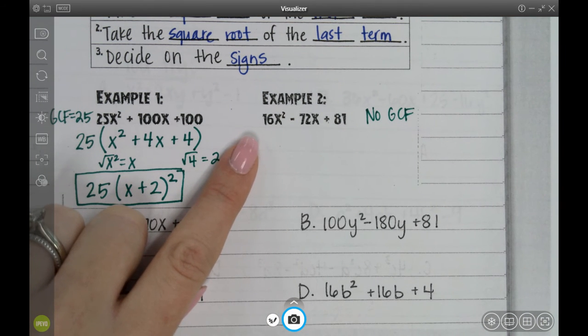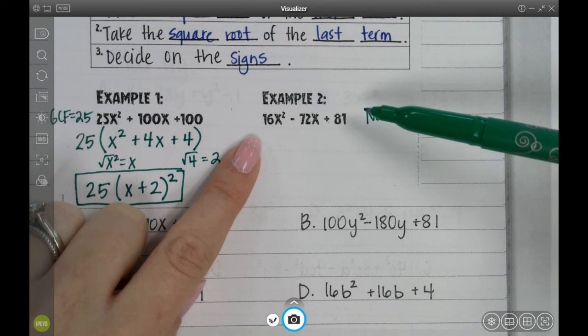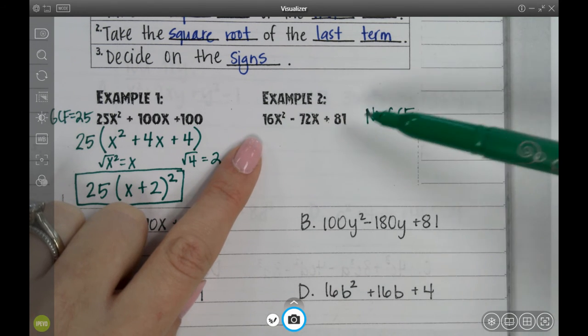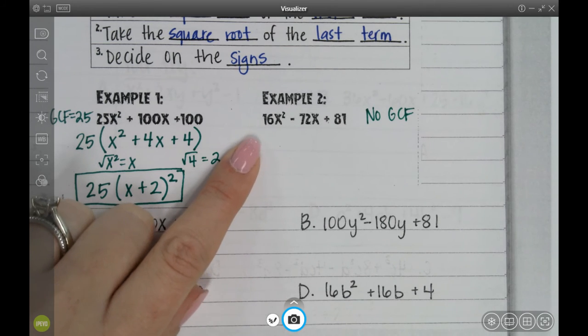Okay, if I was one of those fans of AC method and I had to multiply 16 times 81 to try to find factors, I think that would be very fun. No. So knowing my perfect squares comes in handy here because I know that 16 and 81 are both perfect squares, right? So I'm going to find my square roots and see if it fits my pattern from up there.